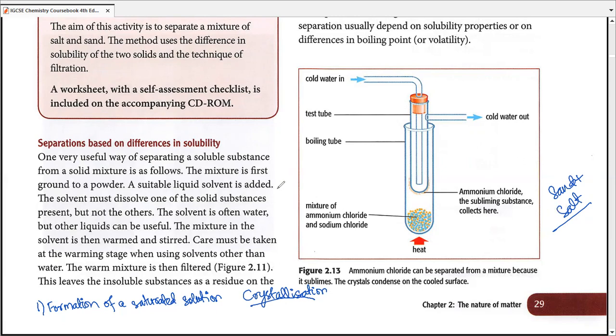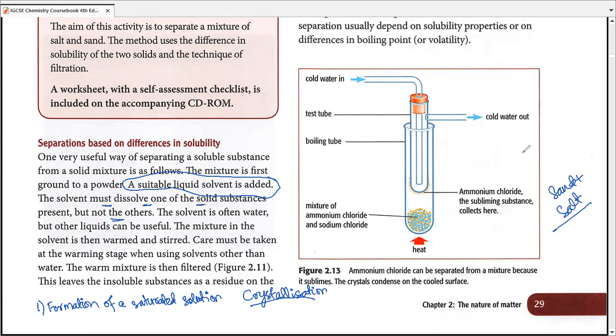How would you know you're going to add it to water? It's mentioned over here. A suitable liquid solvent is added. I ask my students to make sure that you understand the word suitable over here has a condition, and that condition is mentioned in the very next line. The solvent must be able to dissolve one of the solid substances, but not the other.